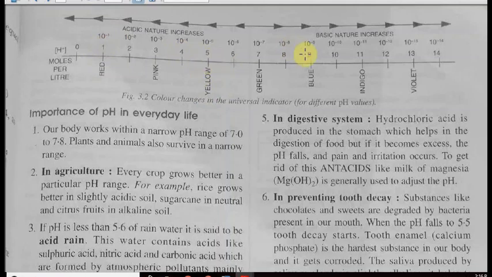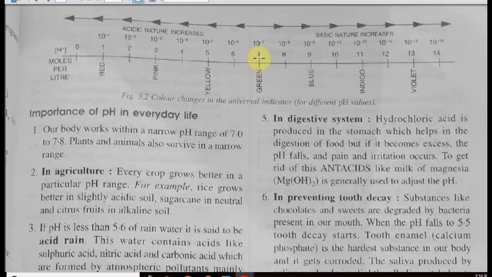Similarly, if you are testing bases and one gives blue and another gives indigo or violet, the latter is a stronger base and the former is a weak base, because the value nearer to 7 is weak, and the value farther from 7 is stronger.